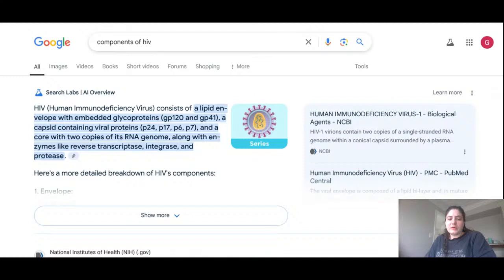So what we're looking for is where it makes this. So when HIV replicates, it will replicate until it's dead.